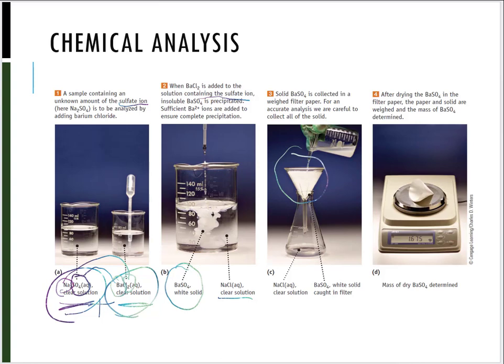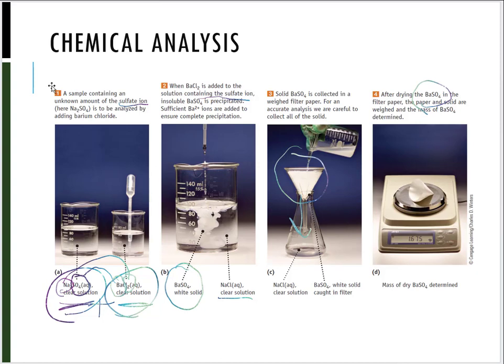So by pouring this solution that's in the beaker, the insoluble product and the soluble product, we can collect the insoluble product in the filter paper, and then the sodium chloride will just be collected in the flask. Then we can dry that filter paper and we can weigh the barium sulfate.